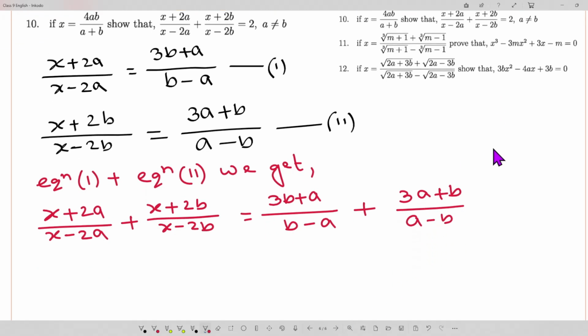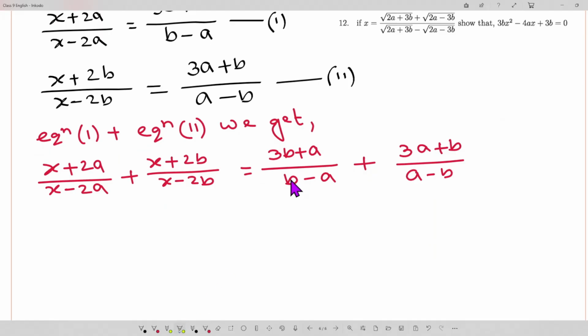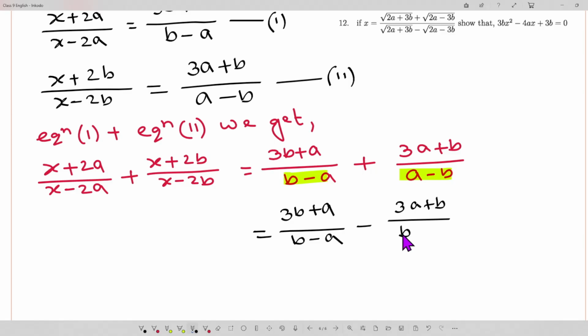Now look, here is b minus a and here is a minus b. We can write this one like here 3b plus a divided by b minus a. So we can take common minus. So here is minus 3a plus b divided by b minus a. Now we can make the LCM.